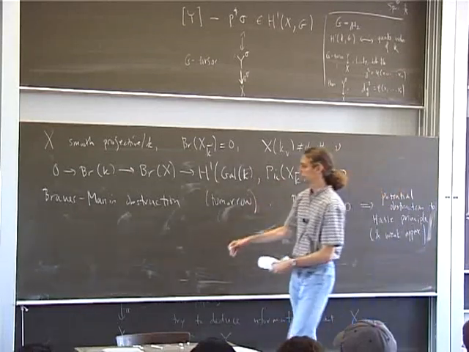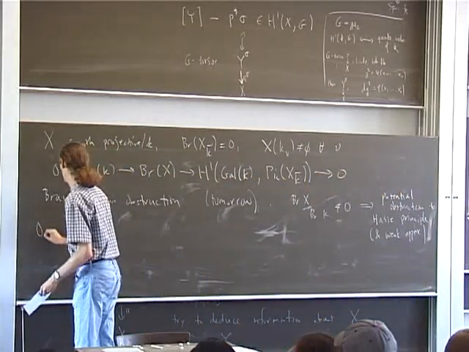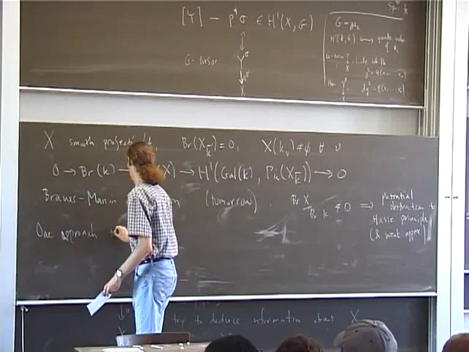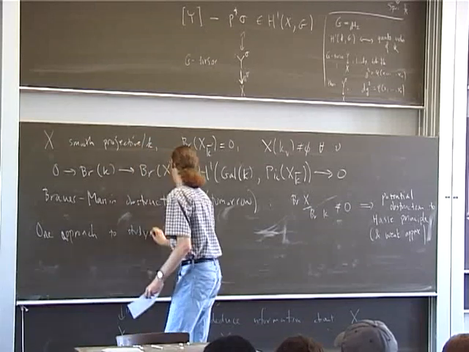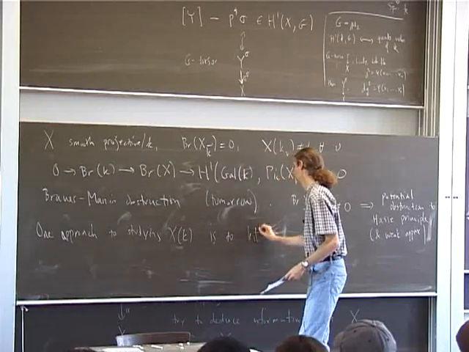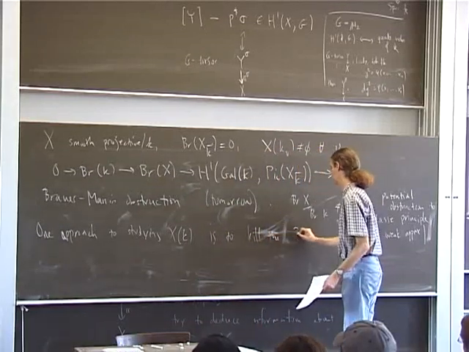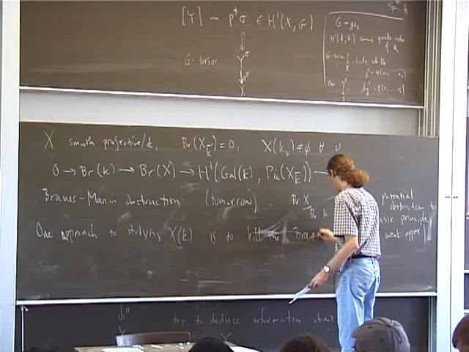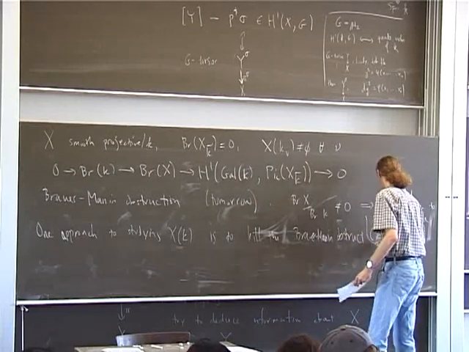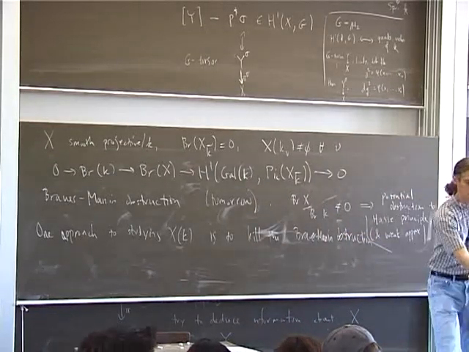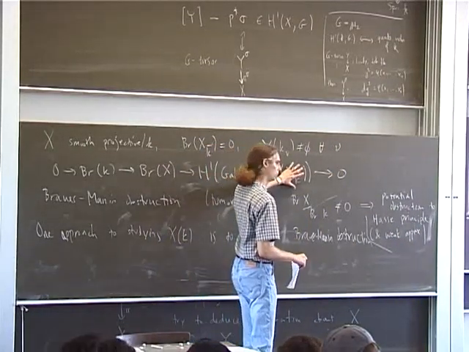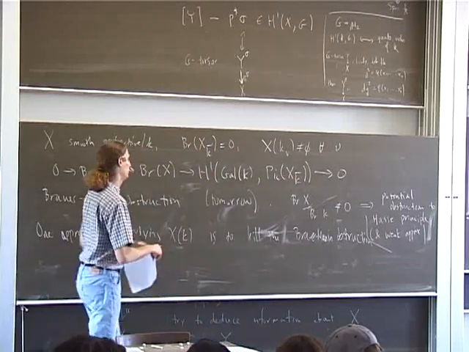So one approach to studying questions about rational points is to kill the Brauer-Manin obstruction by killing the Picard group, because if there is no Picard group, then there can be no Brauer-Manin obstruction.